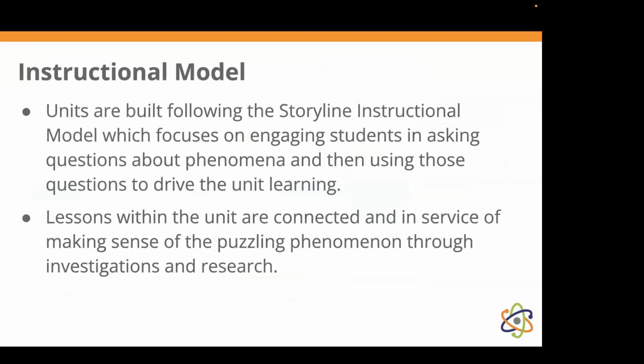So the units are meant to be engaging to students. We want them to ask lots of questions about the phenomenon they're encountering, and then we use those questions to drive unit learning. The lessons are connected in service of making sense of all the science, and we use lots of investigations and research to get us there.